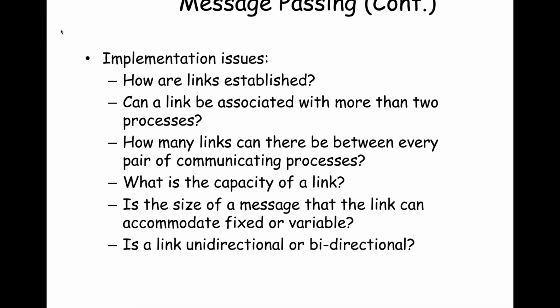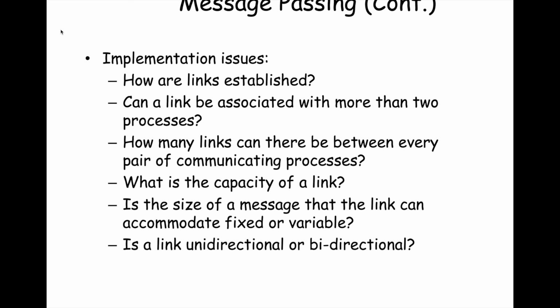Right? Because you have finite resources, you can't have two processes hogging all the available bandwidth that you can use to send data, because that might not be the only process that needs to use this coordinating process facility. Is it unidirectional or bidirectional? Do you need separate links for each direction of communication?